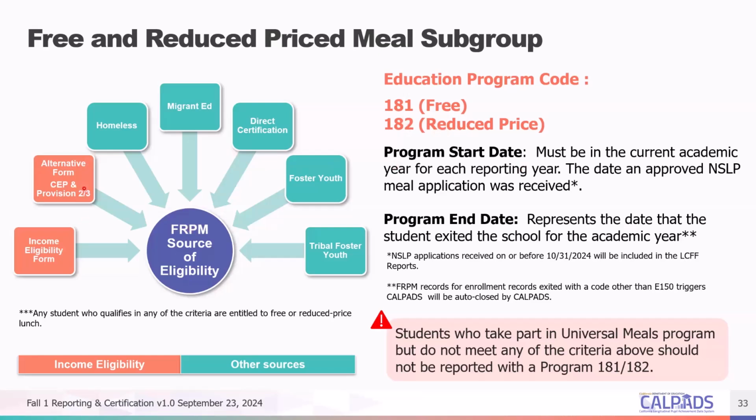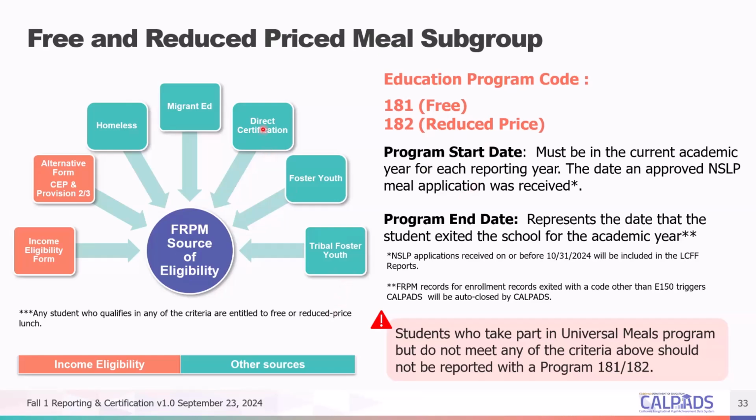And then you also have alternative income forms. These are the forms that LEAs with CEP or Provision 2 or 3 schools send out to new students during the year. If they qualify, then of course they either get a 181 or 182. And then any student who is homeless, migrant ed, or tribal foster youth, these three sources would come from your SPRG, and so the students would automatically receive a 181.